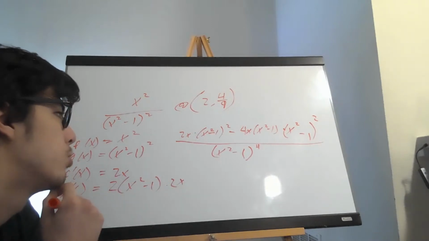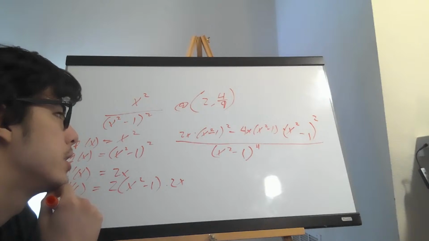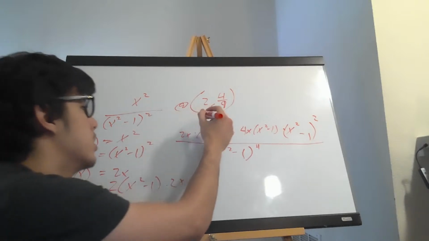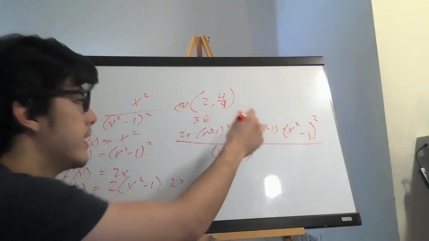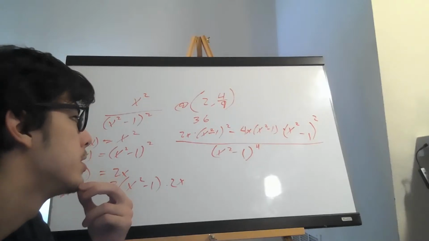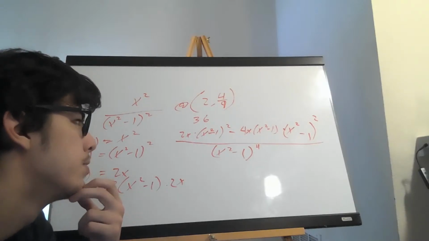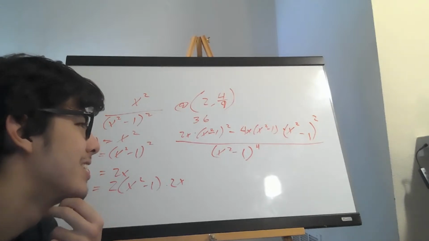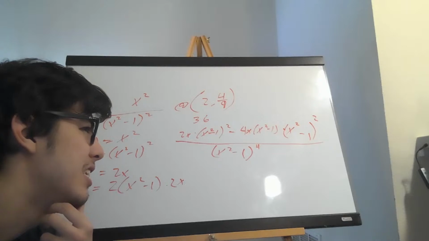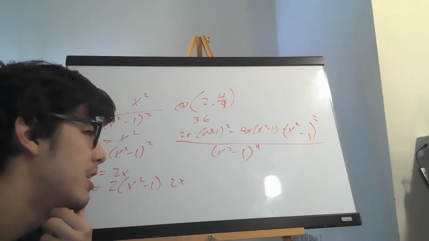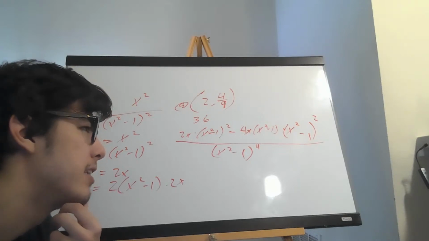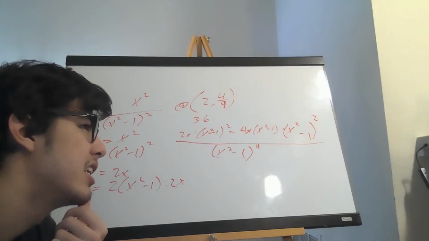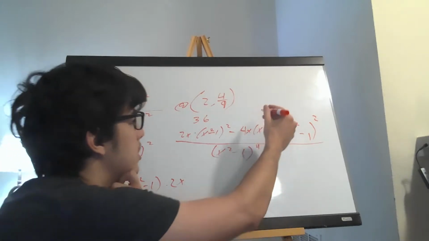4 minus 1, 3, 9. So 4 times 9 is 36 minus 36. 4 times 2 is 8. 8 times 3 is 24. Times 9 is possibly too big for me to multiply in my head. 36 plus 180, 216.